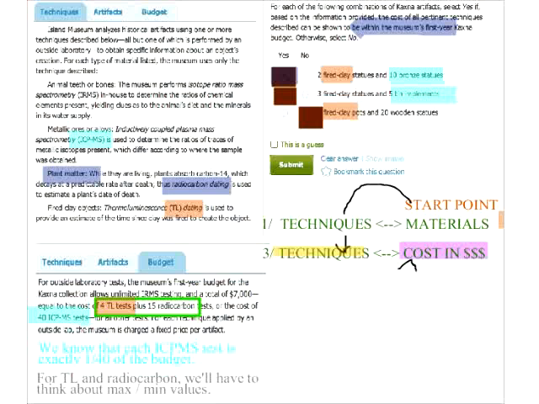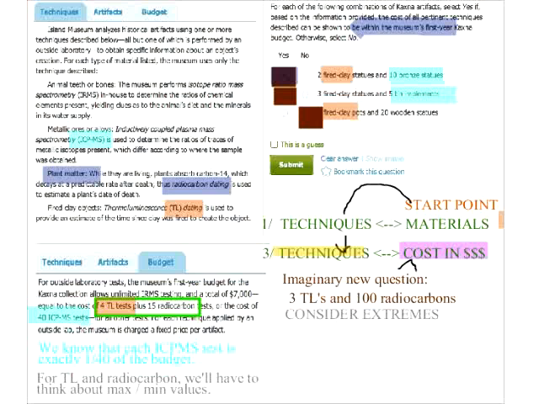But you never know. So what if they had said, imaginary new question, let's say 3 TLs and like 100 radiocarbons. So what we need to know now is the relative prices of these things. What you would do is consider extremes.